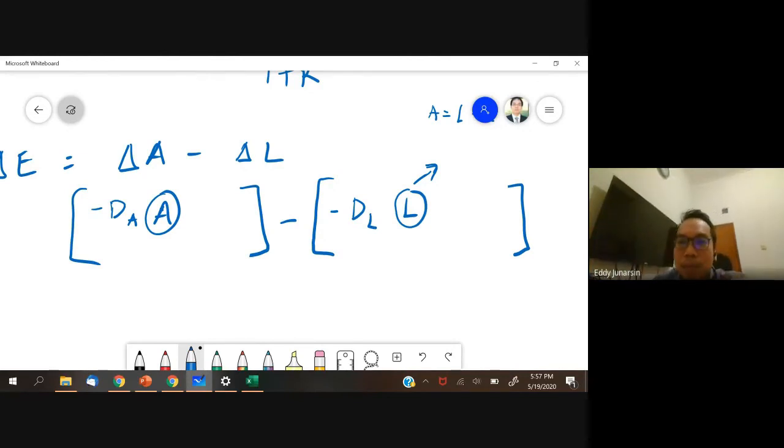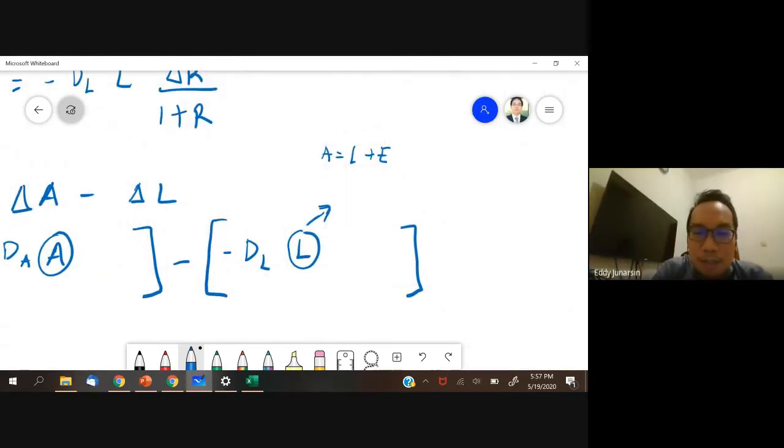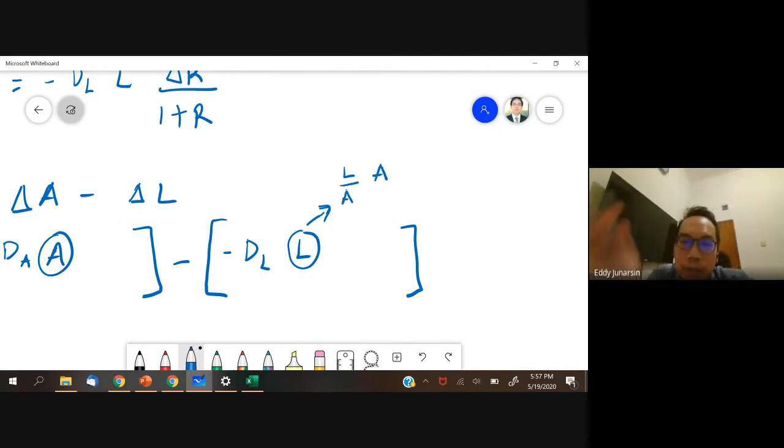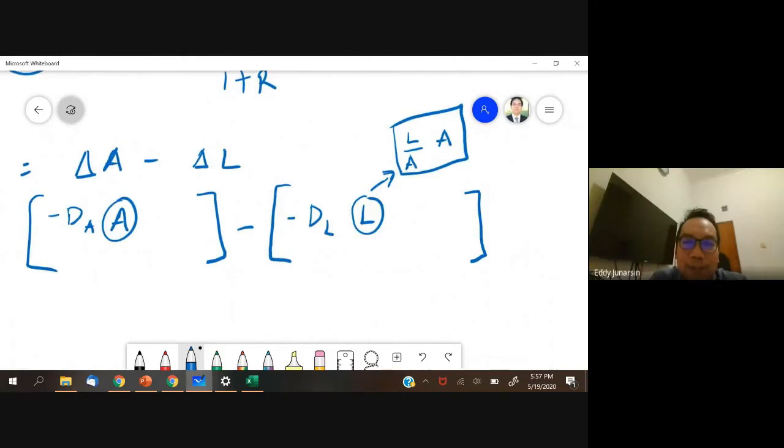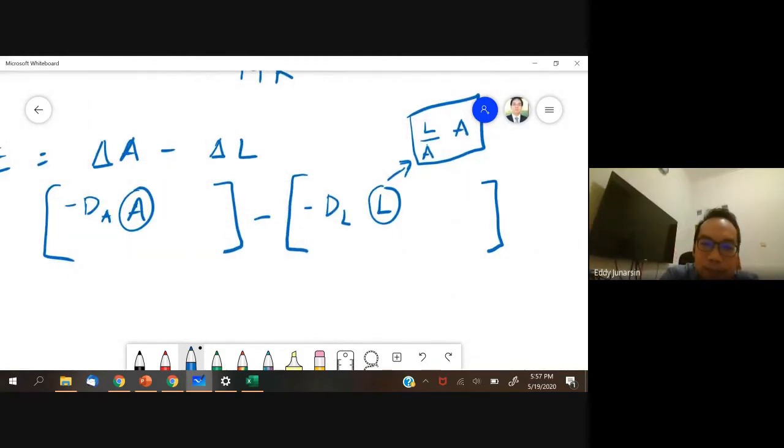You see the mathematical configuration. If I try to make this into assets, I could say this, right? Do you agree? Liabilities divided by assets multiplied by assets. What is it? Liabilities, right? Just a different way of mentioning this.